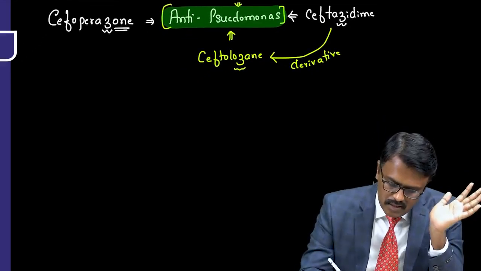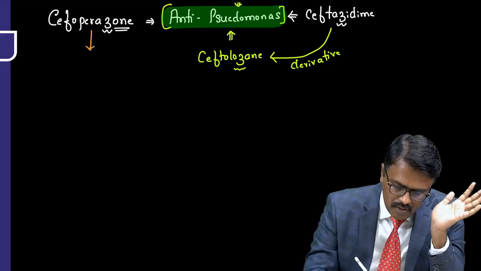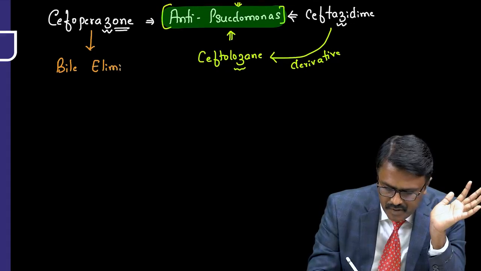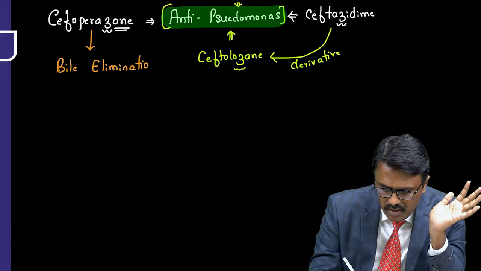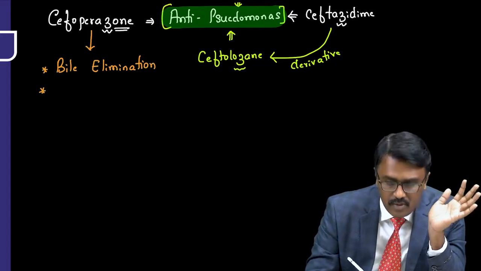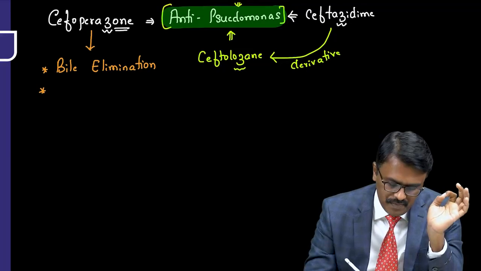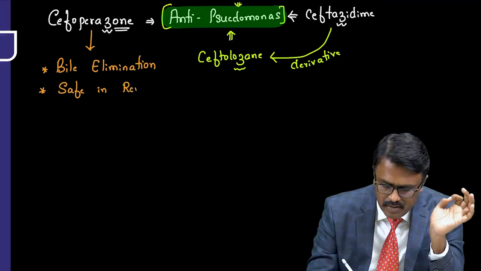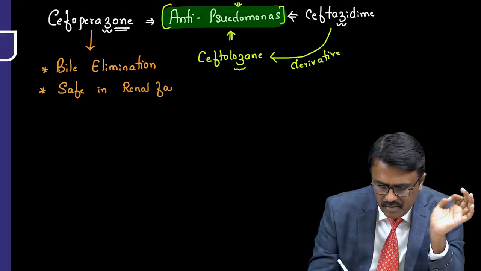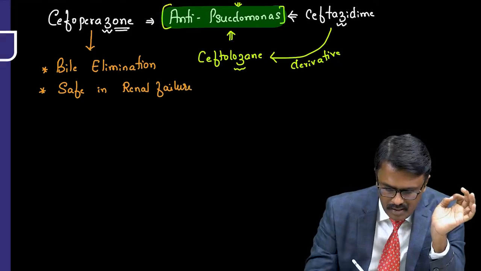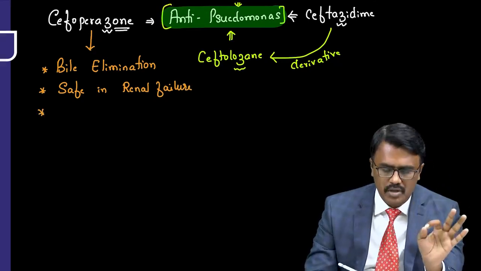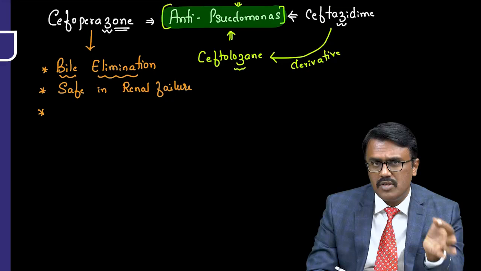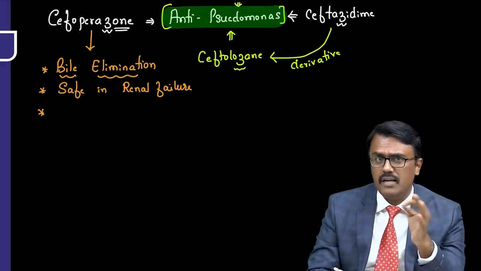Now let us discuss the specialty of cefoperazone. It also undergoes bile elimination. So usually the drugs ending with one, they undergo bile elimination. A clue for you, and this is safe in renal failure. Again, a repeatedly asked question for you. One more important thing you all should remember: since it undergoes bile elimination, cefoperazone comes in only bile, but ceftriaxone comes in bile and kidney.